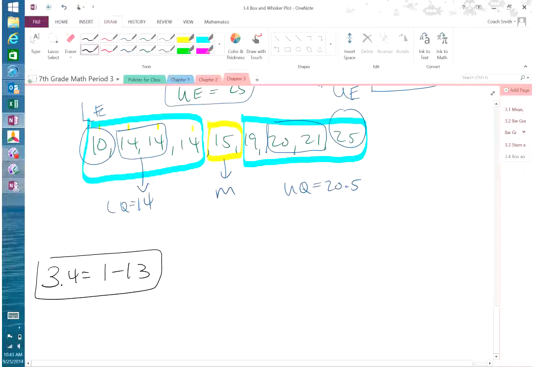In that group, I think you only have to do 4 box and whisker plots, and we've already done 2 of them. So the rest of them are answering questions about the box and whisker plot. Now, this is due Monday. That'll be, I think, the 29th, if I remember right. Tomorrow is your test.